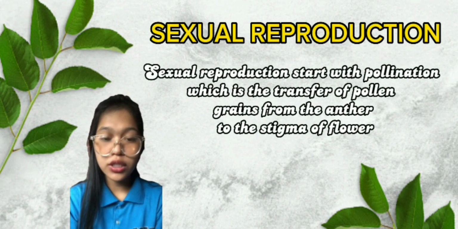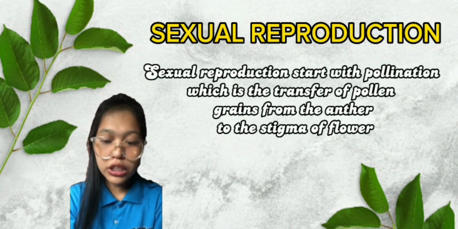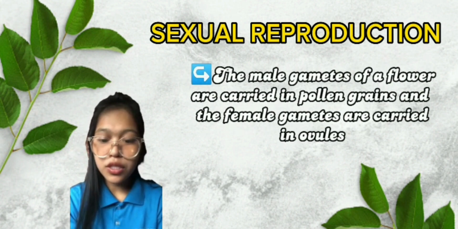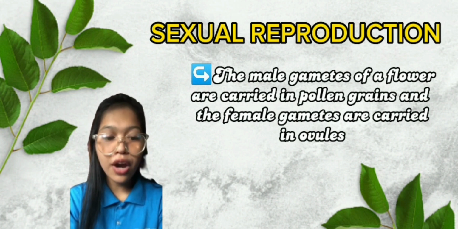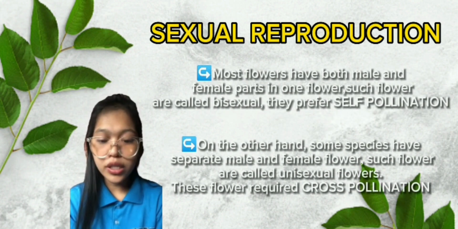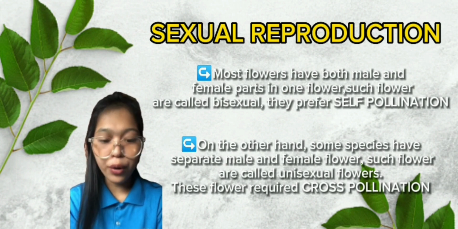Sexual reproduction starts with pollination, which is the transfer of pollen grains from the anther to the stigma of the flower. The male gametes of a flower are carried in pollen grains and the female gametes are carried in the ovules.